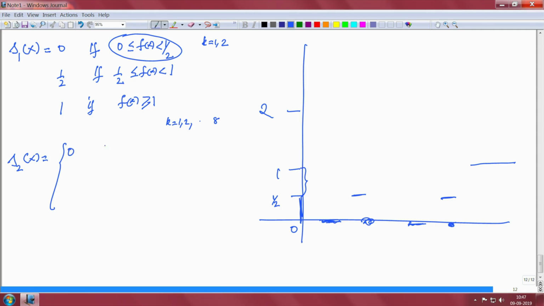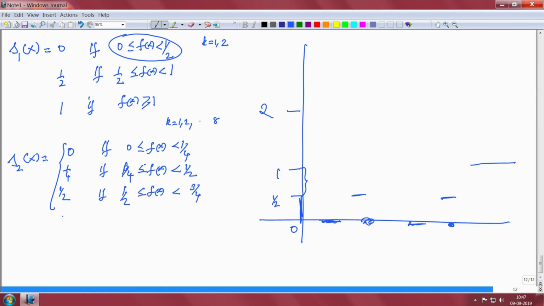So, I will have 0 if 0 is less than or equal to f of x less than 1 by 4. I will have 1/4 if 1 by 4 is less than or equal to f of x strictly less than half. I will have half if half is less than or equal to f of x less than 3 by 4.